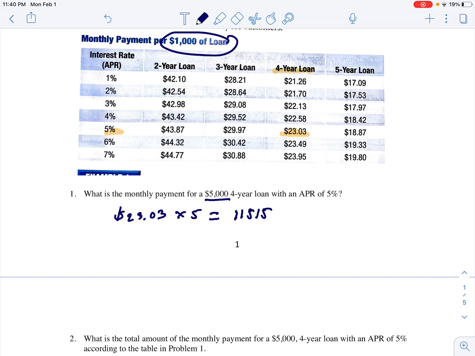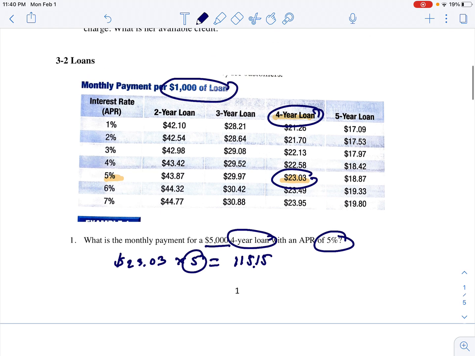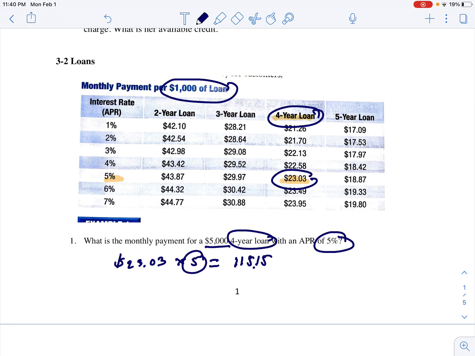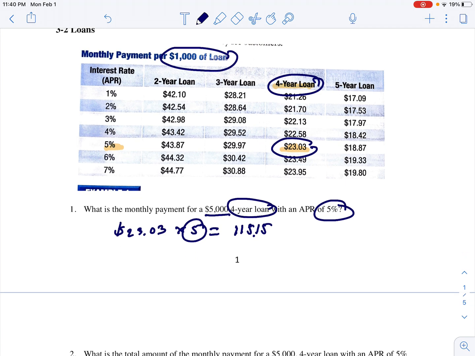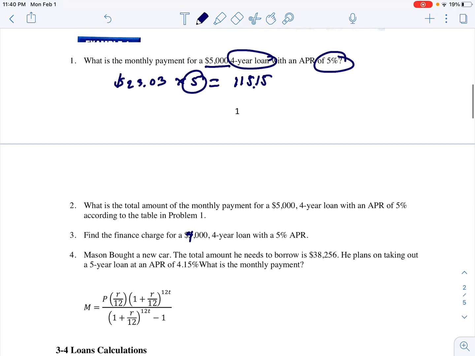Sorry about that. I'm looking at the wrong example over here. So we take the 4-year, because that's what it's asking, and then we find the APR of 5%. We're going to multiply that by 5, because these are payments of 1,000, and that's 5,000. So multiply by 5.